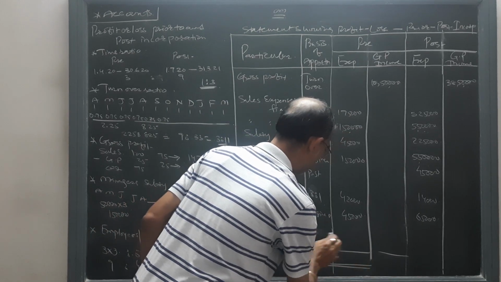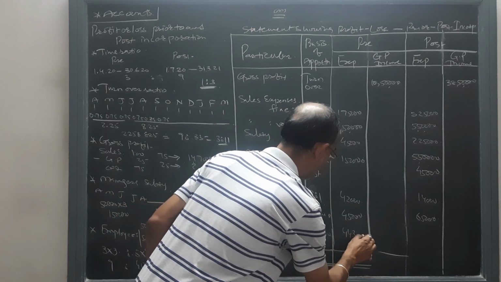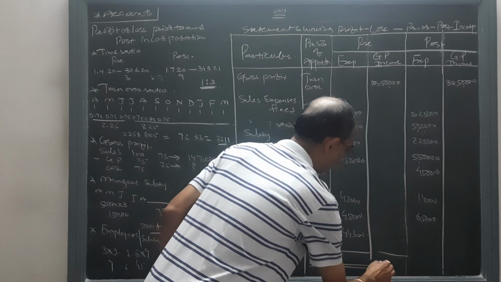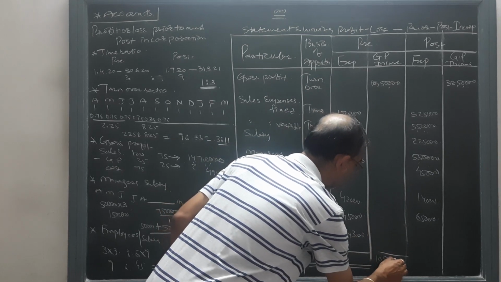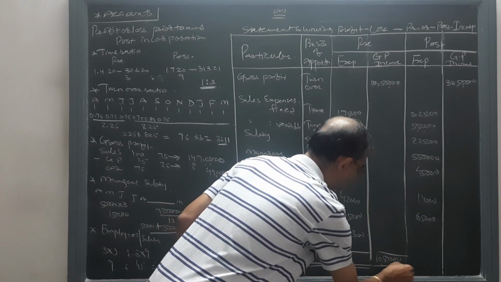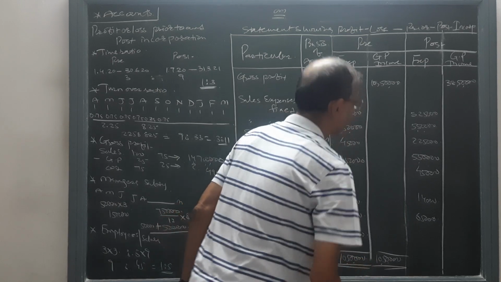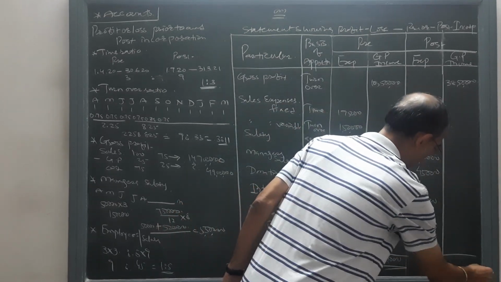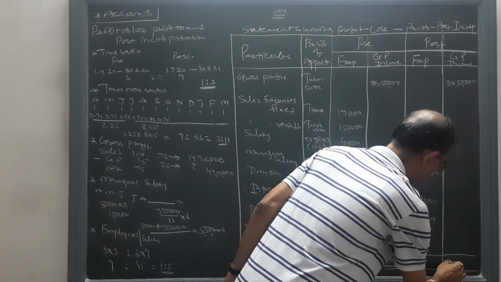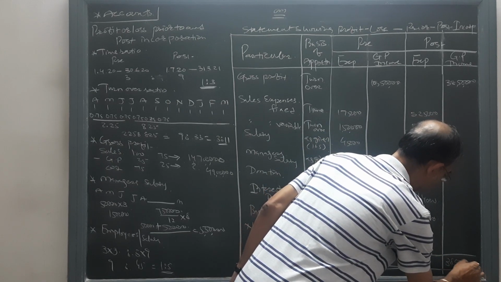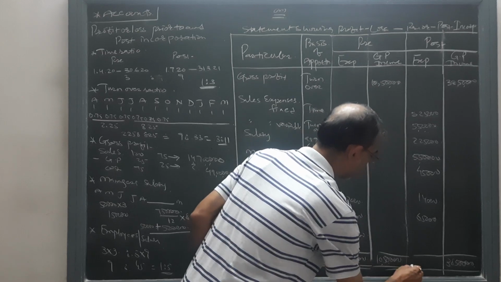Sorry, it will be written here. Total will be 10,50,000. Here total will be 38,50,000.